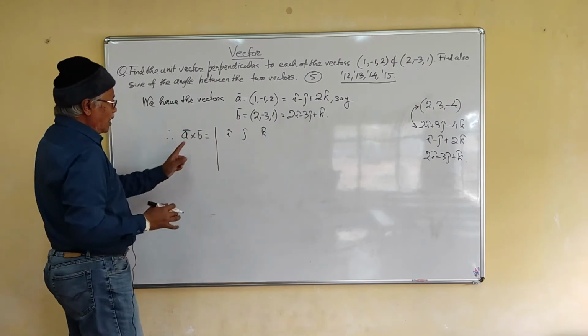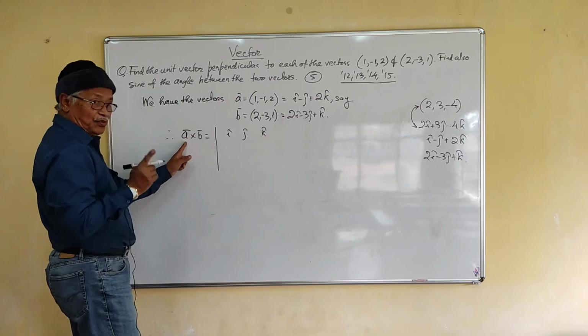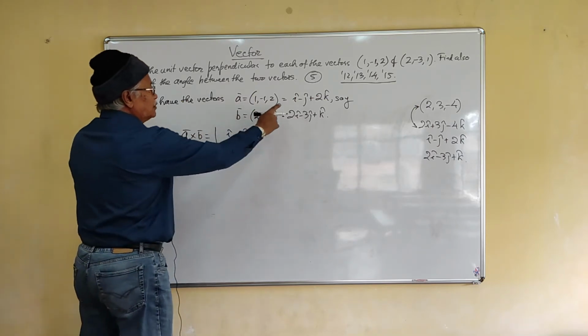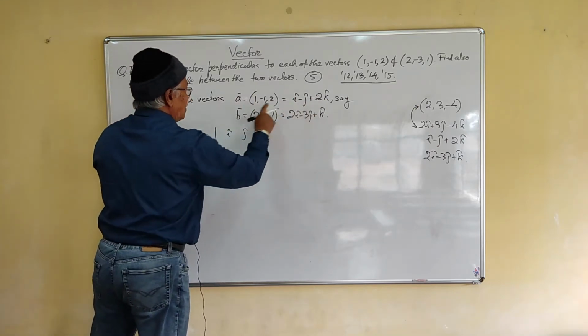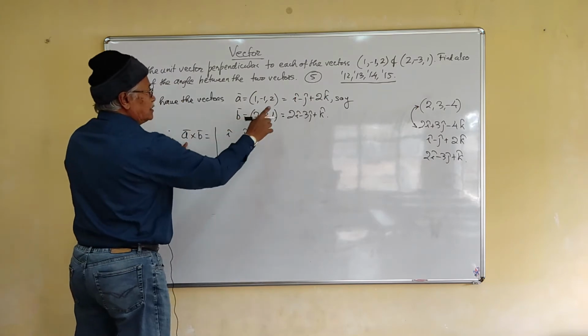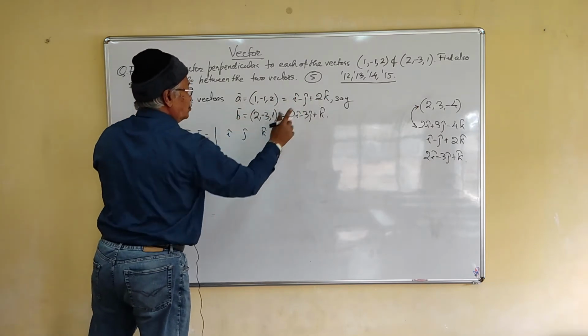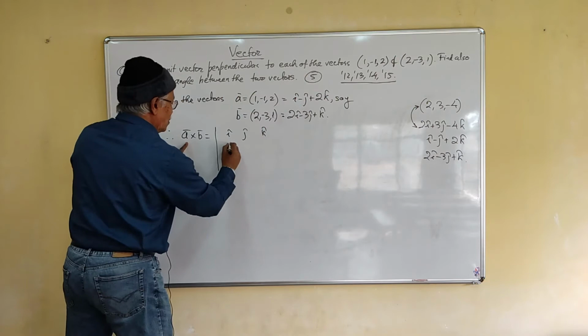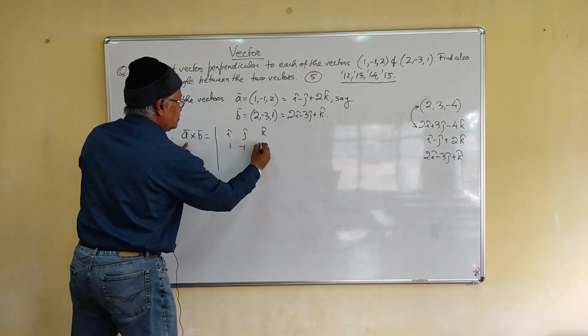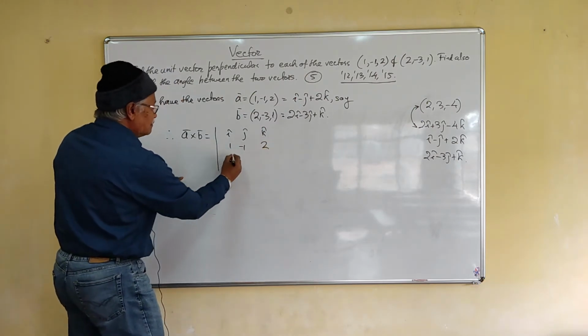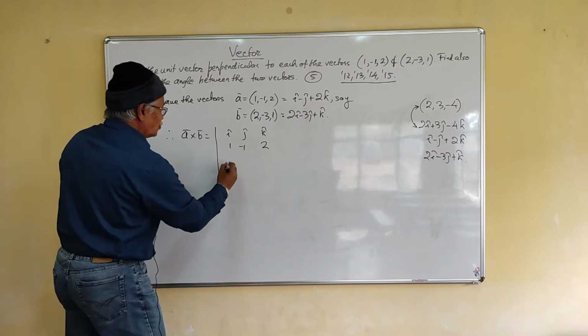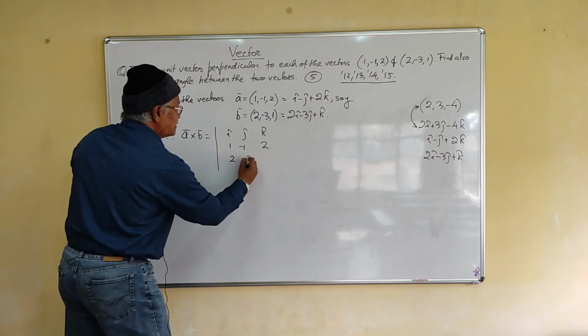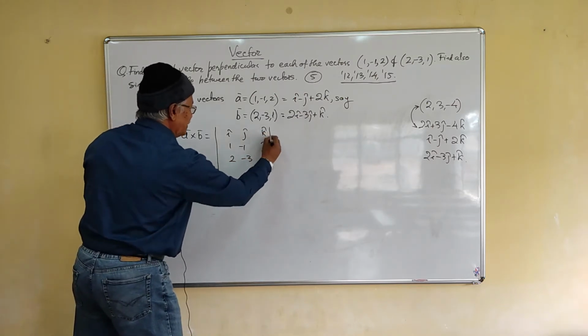A cross B, so how are you going to write? A appears first, so you take the coefficients of i, j, k of A. So it is 1, minus 1, 2, like it appears there. And in the third row, it is followed by 2, minus 3 and 1.